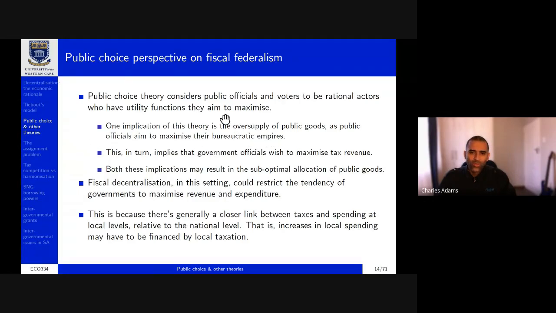In the US, for example, there's a lot of talk among politicians, and this was very prominent under Reagan in the 80s, that government has to get out of the way, we have to reduce the size of government, business is more important, etc. This would suggest that it's going against this point over here, which suggests that politicians want to maximize utility by maximizing budgets, by raising budgets.